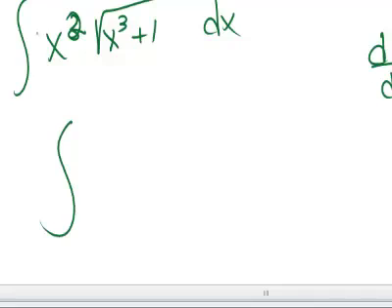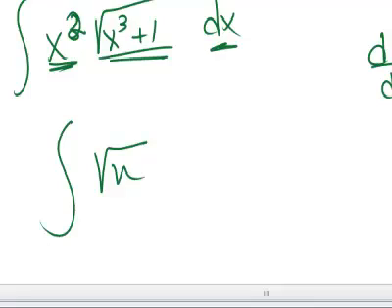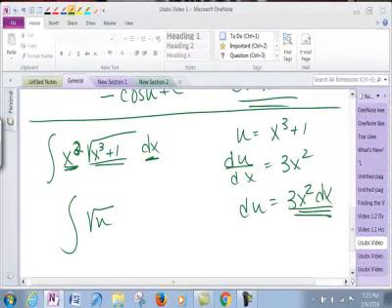So when we're ready to do the u substitution, that's going to be the square root of u, easy enough. But do you recognize that du is not exactly equal to x squared dx? So we need to do a little bit more work here so that we can replace the x squared dx.